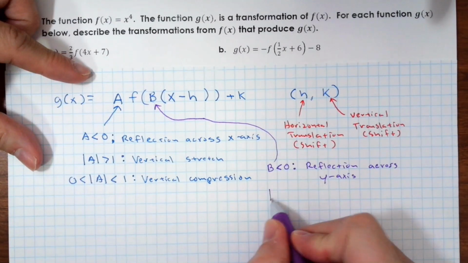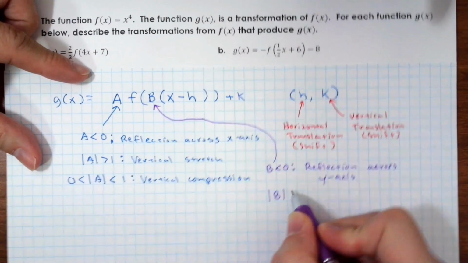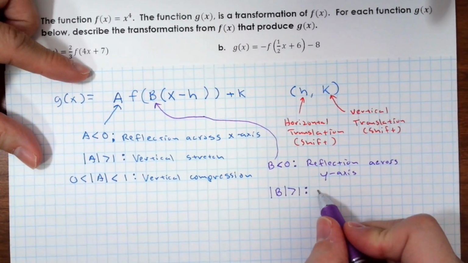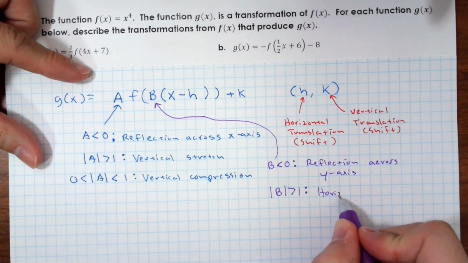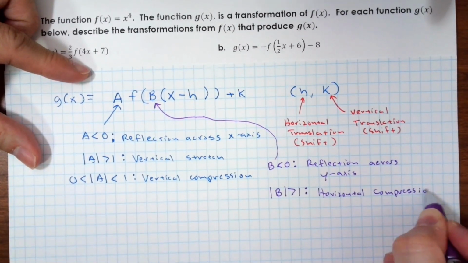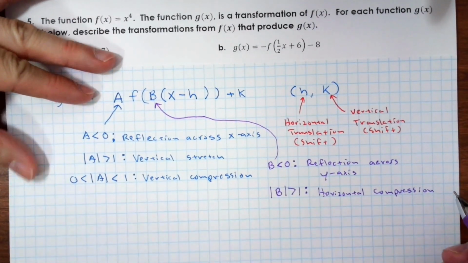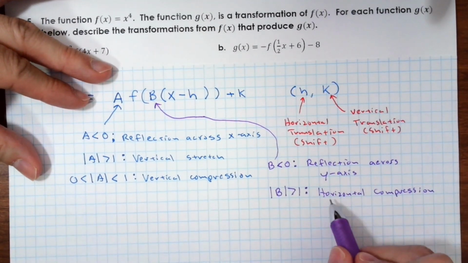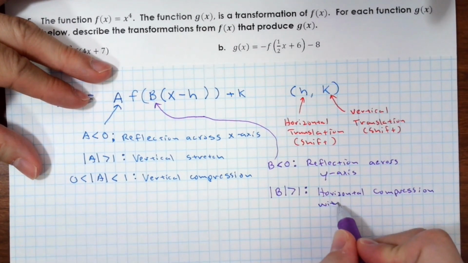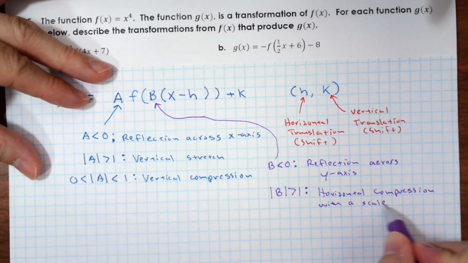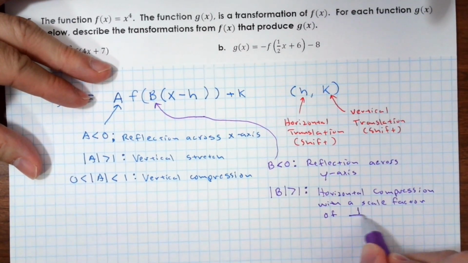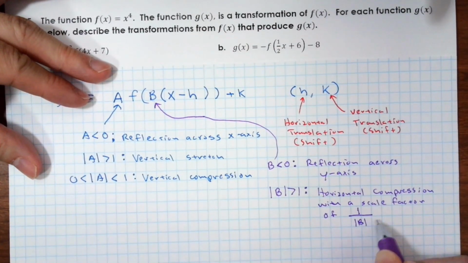If the absolute value of b is greater than 1, we have a horizontal compression. Now we're going to add the scale factor part in. Your horizontal compression with a scale factor of 1 divided by the absolute value of b.